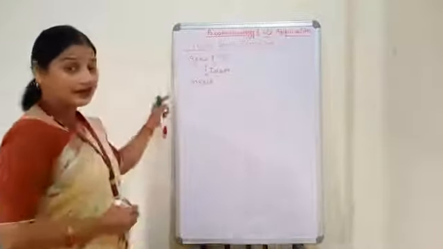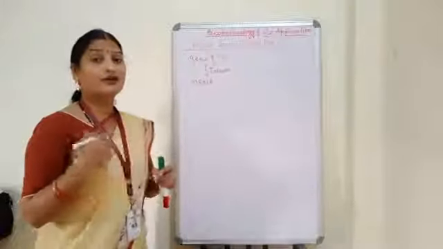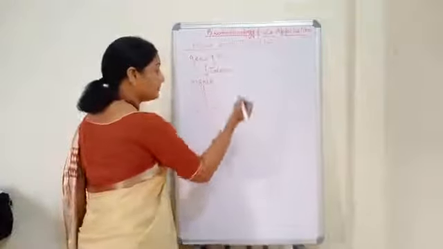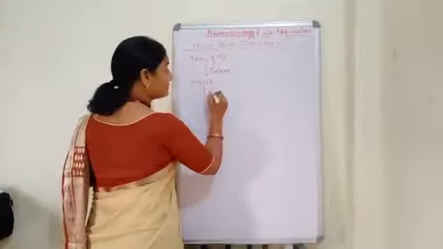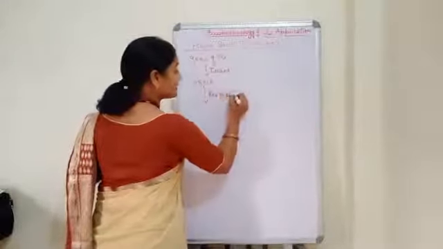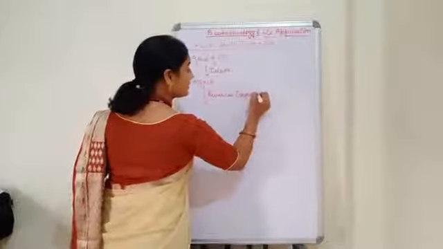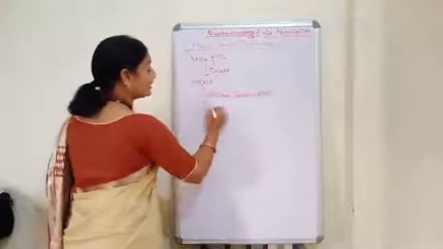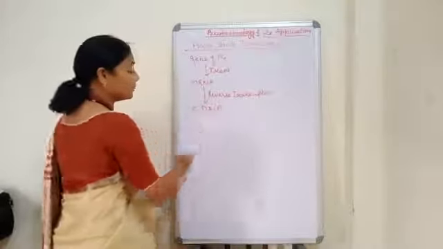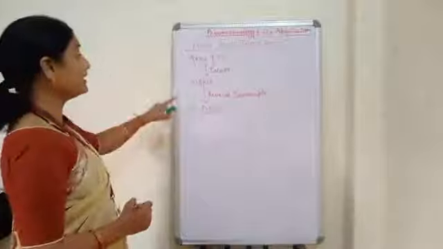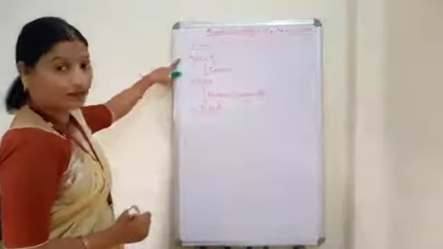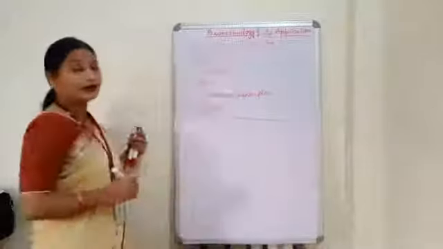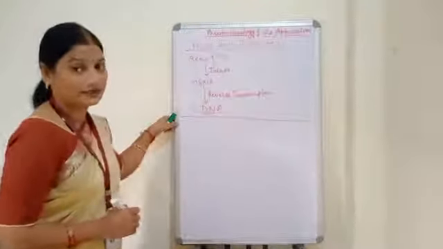Then with the help of reverse transcriptase, once again children, they formed cDNA, complementary DNA, of the gene PG. This was one part done by the group of scientists.